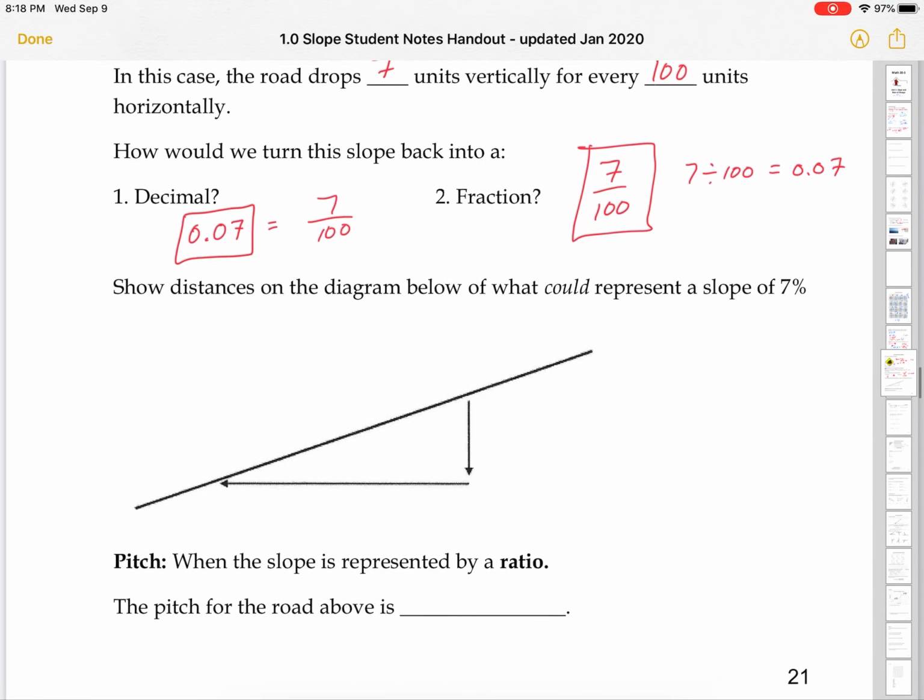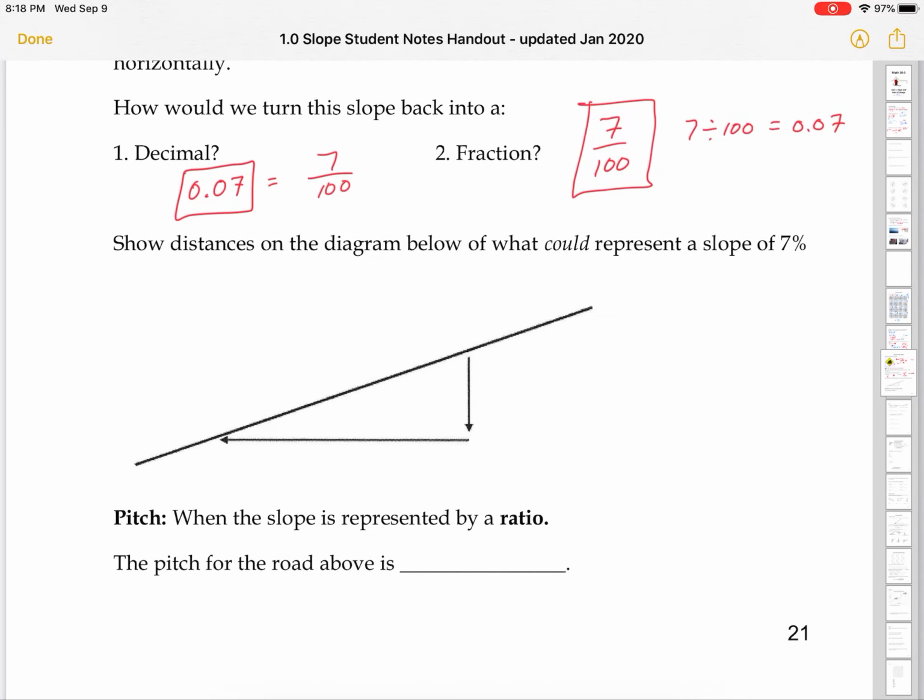Okay, so show distances on the diagram below that could represent a slope of 7%. So we can stick with our 7 and 100. This would be 100 meters, and that would be 7 meters. There are other numbers that would work, but those are the simplest, right?